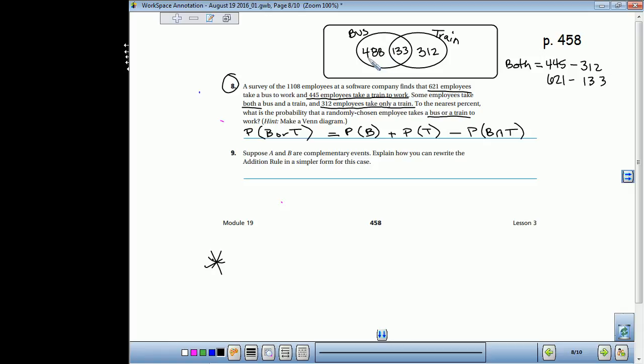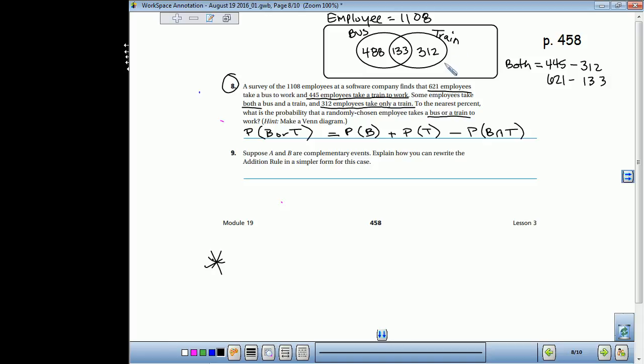Now, you will notice, if you add up these 3 numbers, it does not equal the total number of employees, which is 1,108. Why? There's walking, cars, biking, lots of other modes of transportation. We're just investigating the bus and train. So there are lots of other things in this universal space that this problem doesn't address.